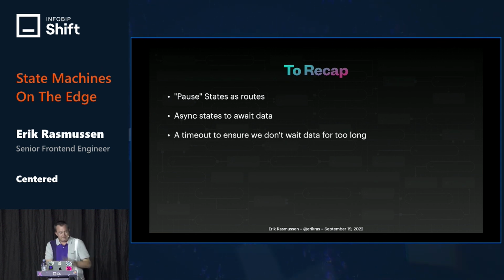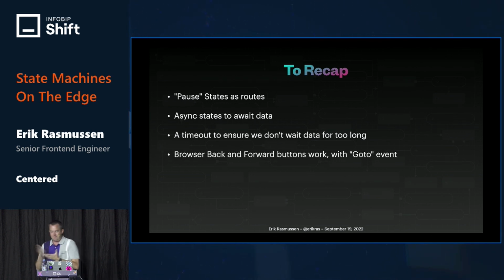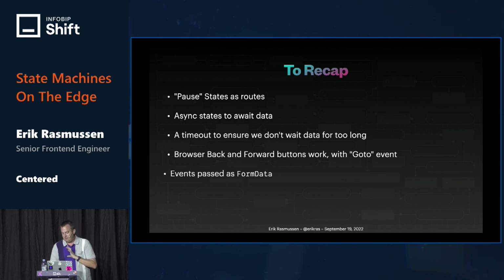And we used a timeout to ensure that we don't wait for too long. And we were able to preserve the back and forward functionality of the browser using this go-to event. And we used the platform by sending events past as form data, which is what allowed us to turn off JavaScript and still have things work.